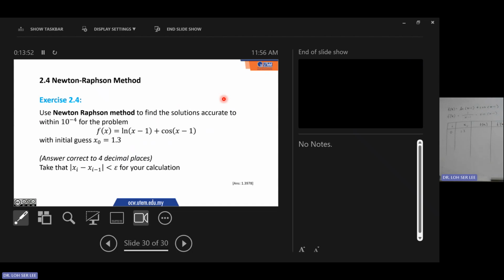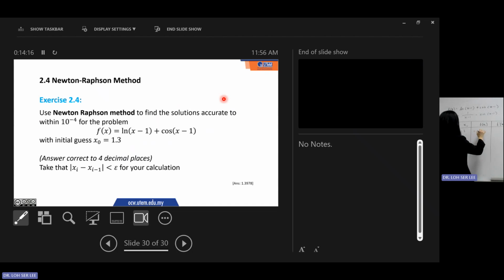Okay, this one. Negative 0.3 plus cos 0.3.